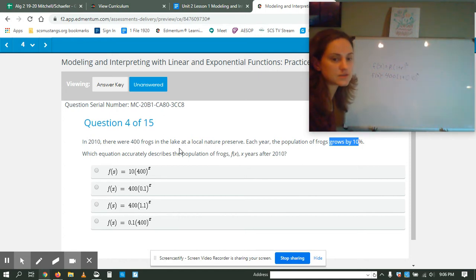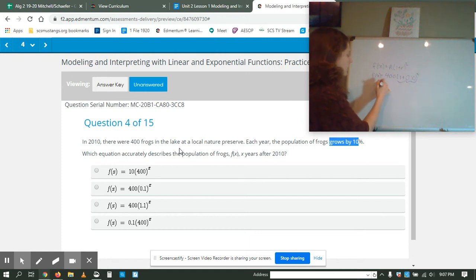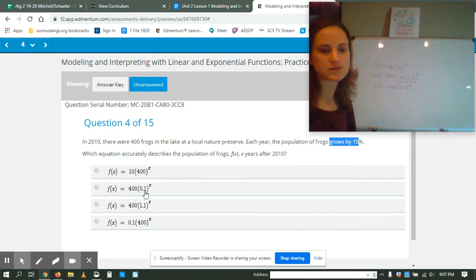Then all we need to do is simplify what we've got in our parentheses. So f of x is going to be equal to 400 times 1 plus 0.10, which is 1.10, to the x. So that'll make that answer be that one right there.